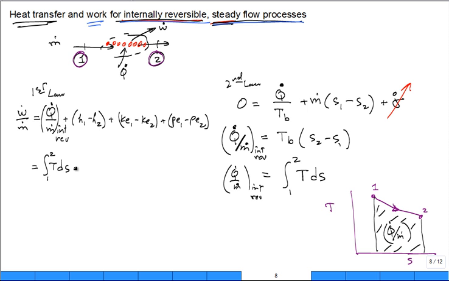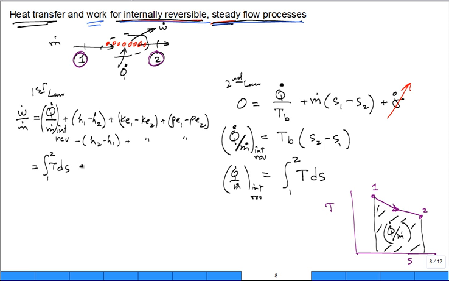All right. There are a couple of different ways of doing that, but can I put an intermediate step here, minus H2 minus H1 plus, I'll leave the rest of the kinetic and potential energy there.